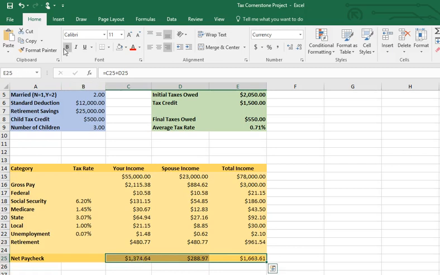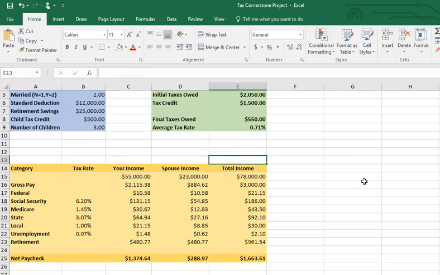I'm going to bold these, okay, so that we can see them very obviously. All right, so that's pretty cool. Now we got a paycheck for yourself and for your spouse, and we have your total income every 2 weeks. Your total amount of money that you and your spouse under these situations will have is $1,663.61 for buying goods and services.